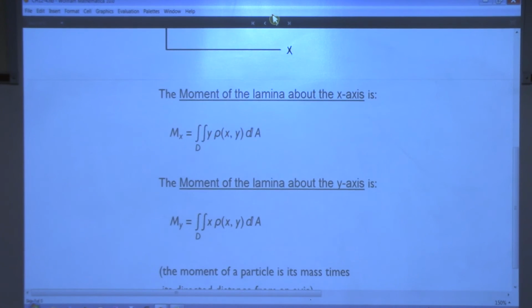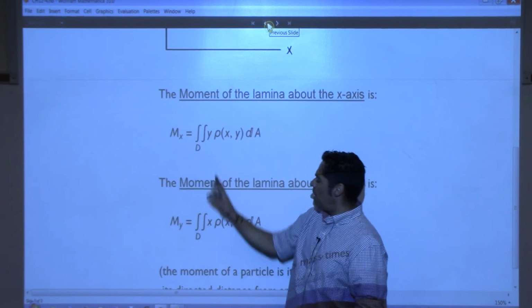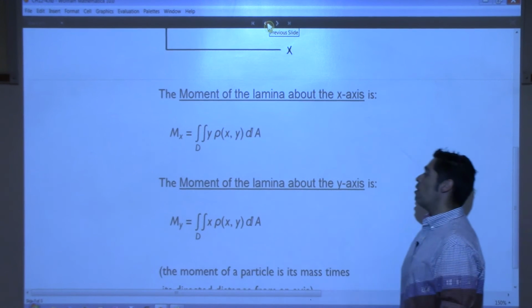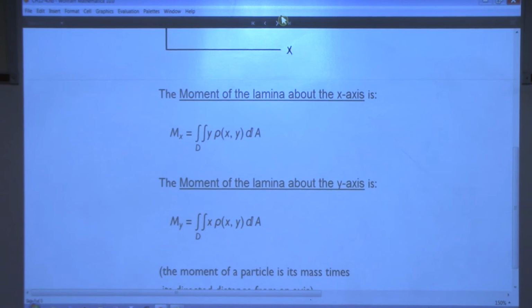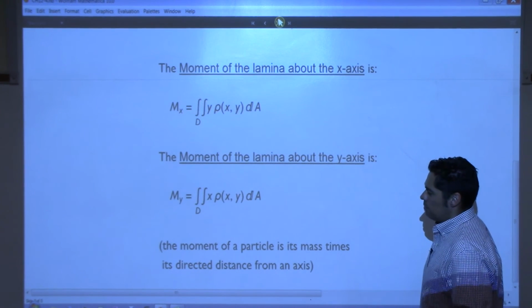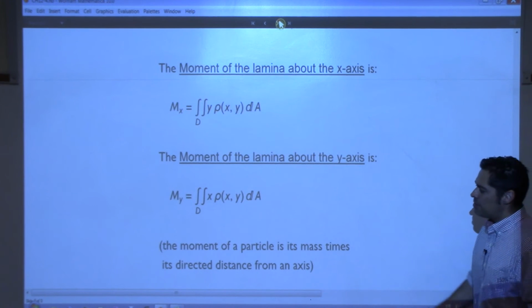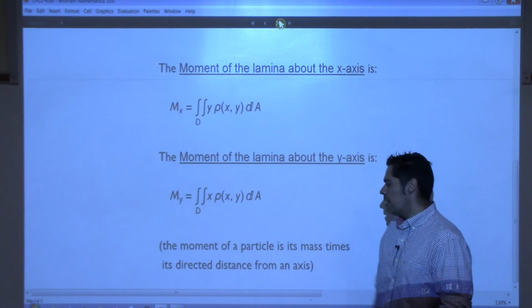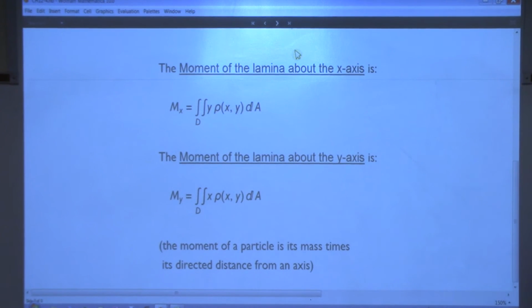If we switch it, and instead of multiplying by y, we multiply by x, we call that the moment of the lamina about the y-axis. In physics, moments are basically the mass of the particle times the distance to an axis.